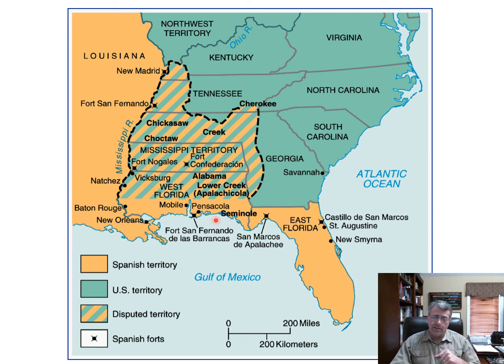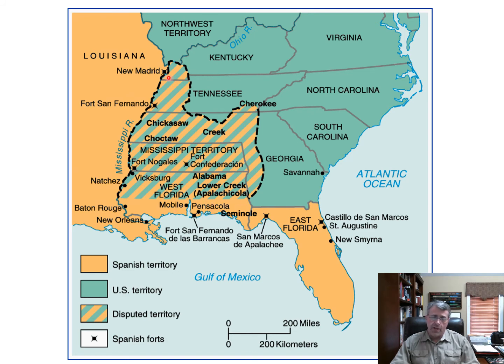Florida actually extends all the way to the Mississippi River, as displayed on this map. The problem, though, is that the Treaty of Versailles, or Treaty of Paris 1783, did not specify the border between the United States and Spanish Florida.